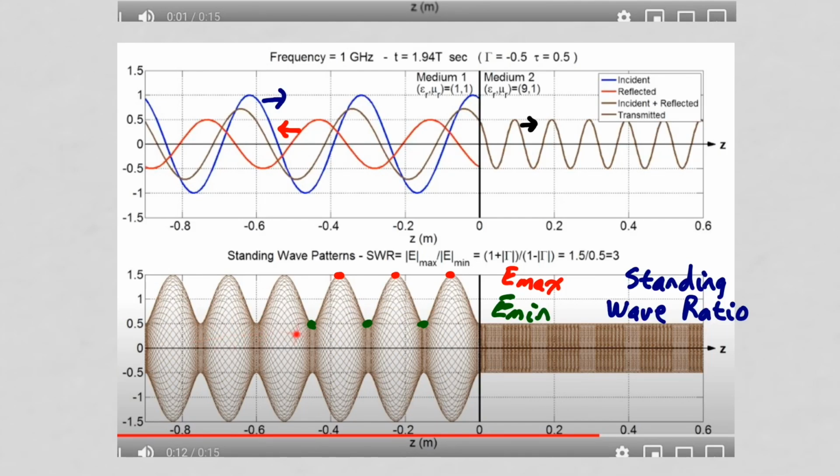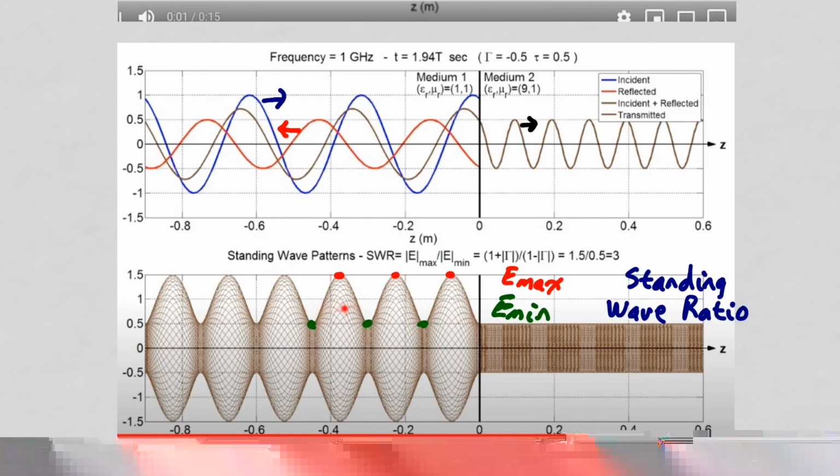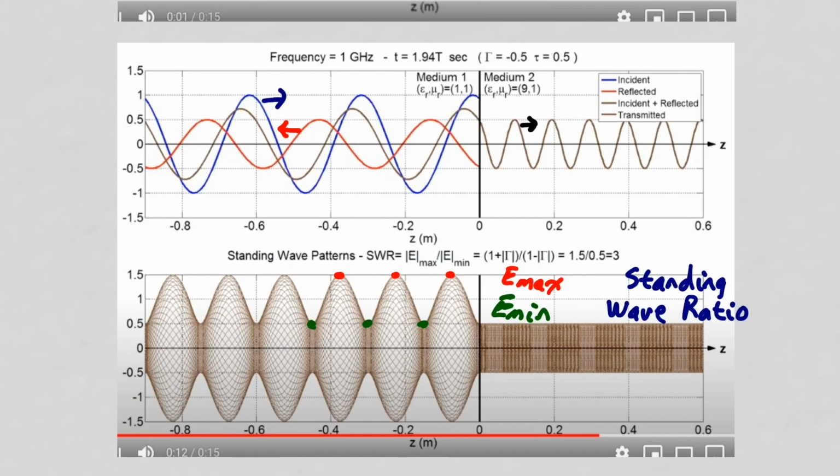So the incident wave would just continue propagating into material 2, and you would have no reflection, so you would have no standing wave pattern. And so your minimum and maximums would be the same, and in that case, your standing wave ratio would be 1. So your standing wave ratio will vary from 1 to infinity, 1 when you have total transmission, and up to infinity when you have total reflection.